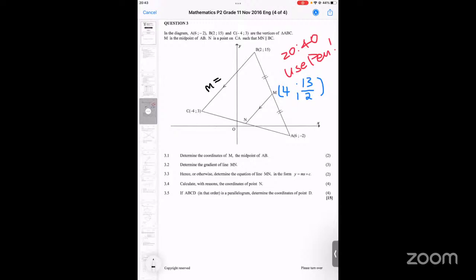We have 15 minus 3 over 2 minus negative 4, and I'm getting 2. So the gradient of MN should also be 2. Why? Because those two lines are parallel to each other.